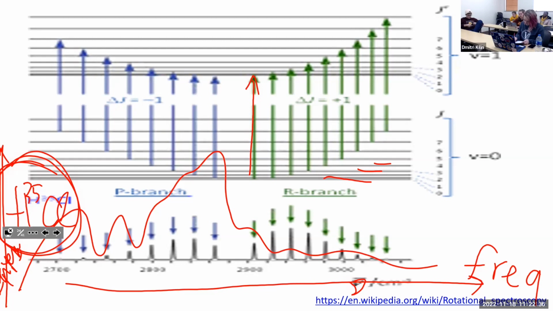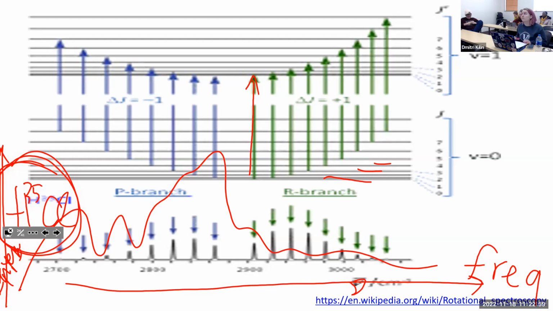Now, if you keep this HCl molecule in the ground electronic state, which degrees of freedom are available? How many vibrational degrees of freedom are there? One. Okay. How are the levels of quantized vibration spaced from each other?